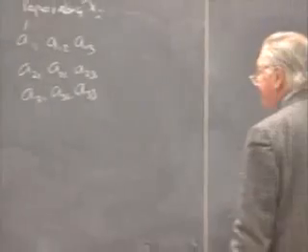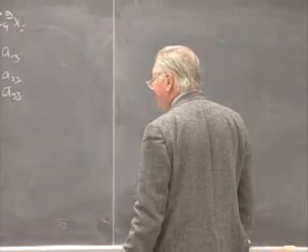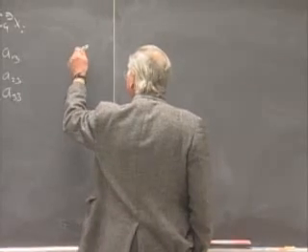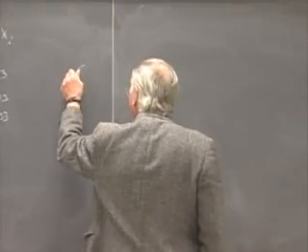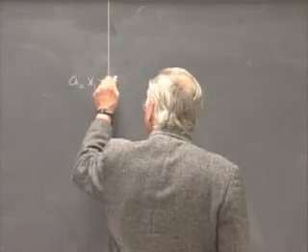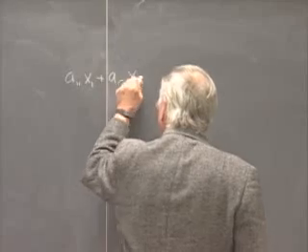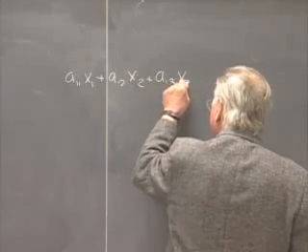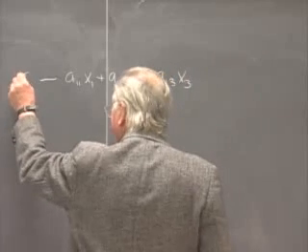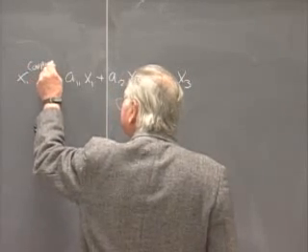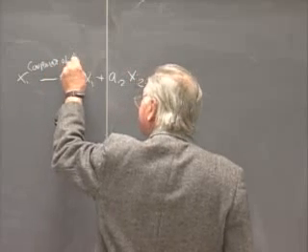So if we look at the equation of the property, A11x1 plus A12x2 plus A13x3. This is the x1 component of the generalized displacement.